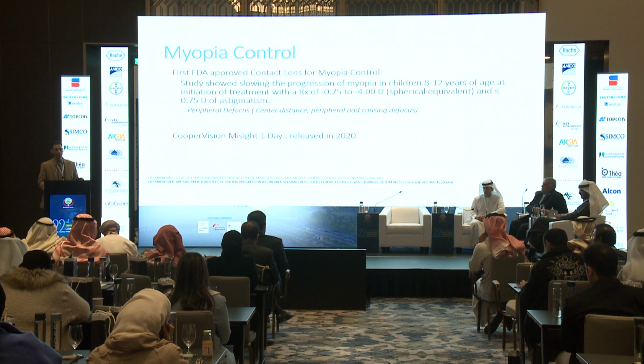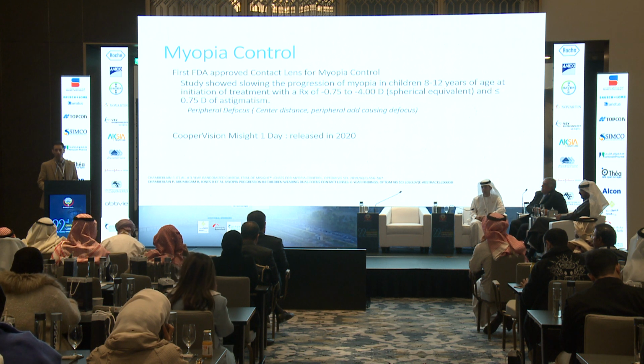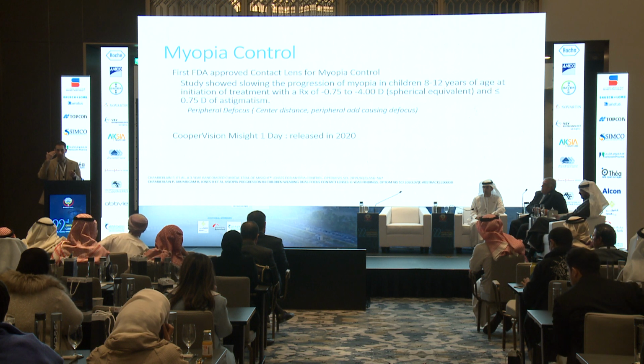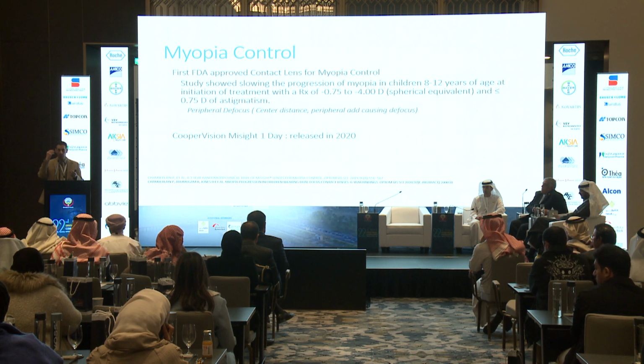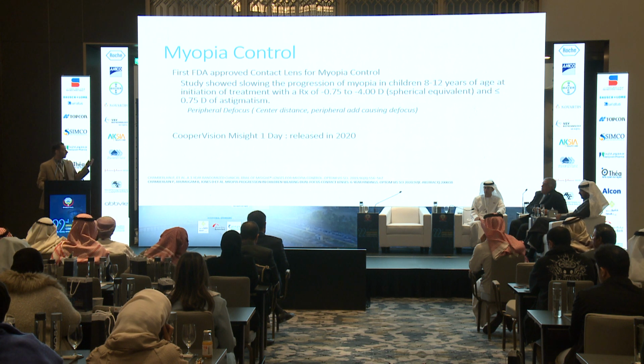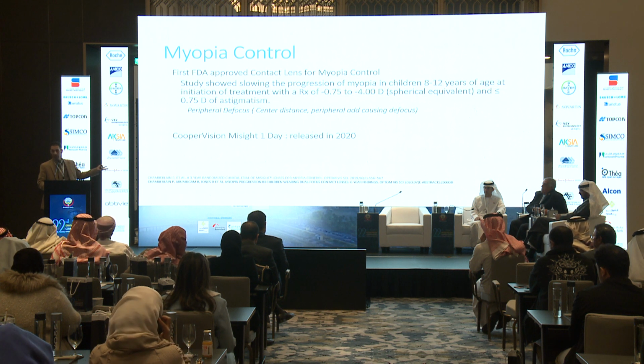One is Hoya. They're using a lens with a technology called DIMS, and what it does is it has, again, a center area that's clear and surrounded by a peripheral ring or an island of lenses that have a defocus of +3, which aims to do the same thing as what this type of contact lens does.